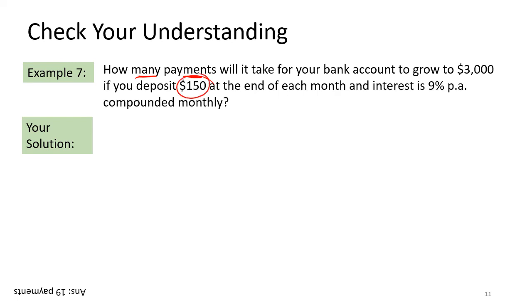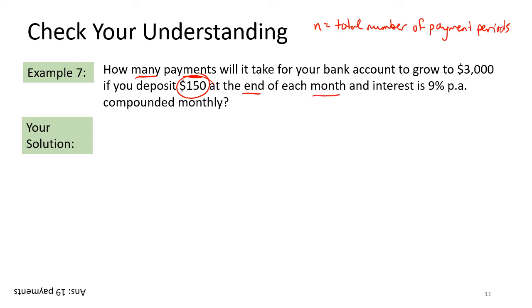It's asking for how many payments, right? Because remember, n is the total number of payment periods. Or in other words, the number of payments that you've made over the course of this investment or payback if it's debt.